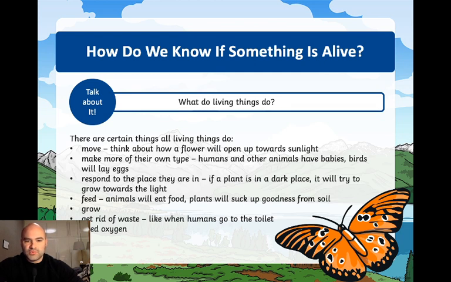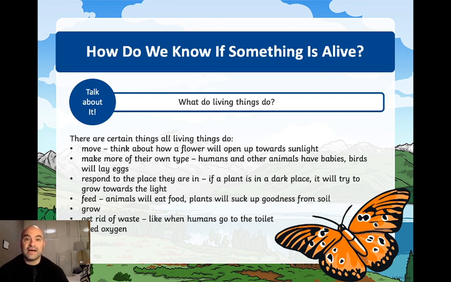Feed. Animals will eat food, and plants suck up goodness from soil. So plants will eat, all right? Plants need food. They get nutrition. They eat from the soil. Like I said, we eat some stuff because we need it to stay alive. So things that are alive eat.